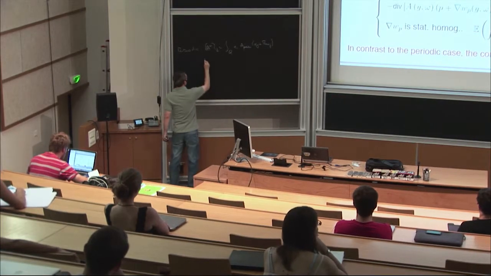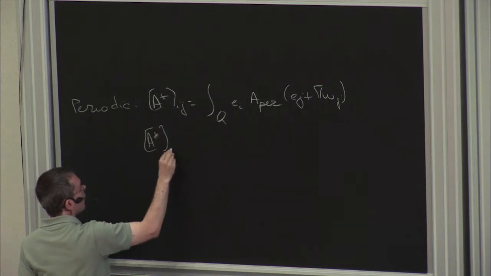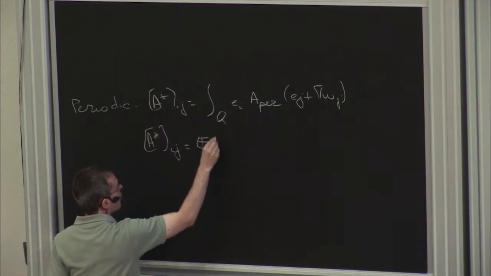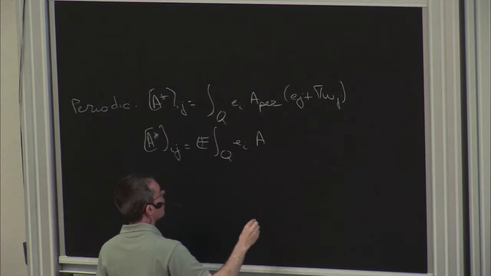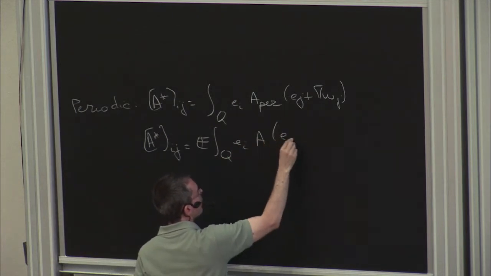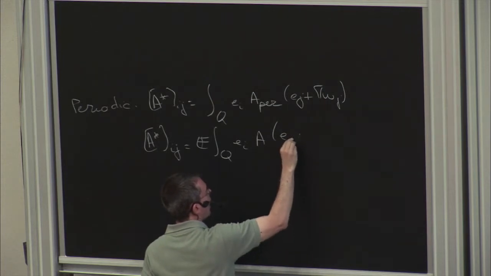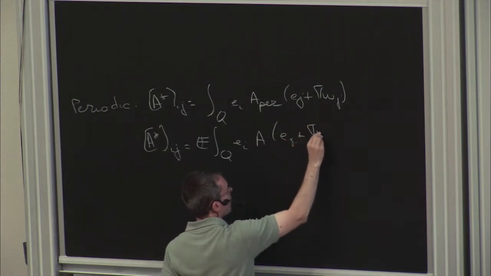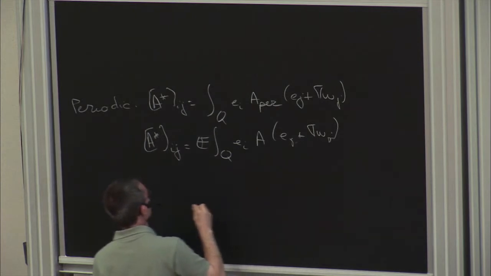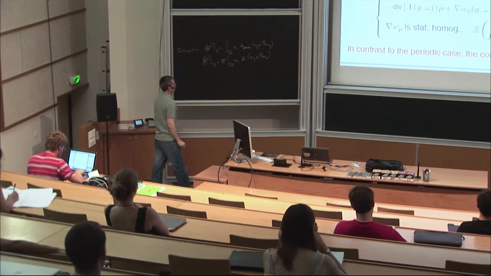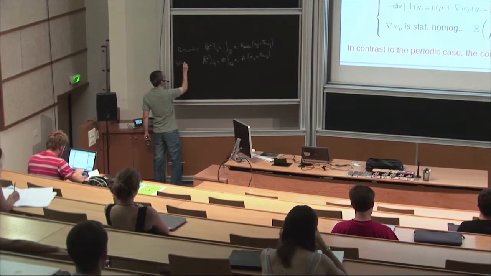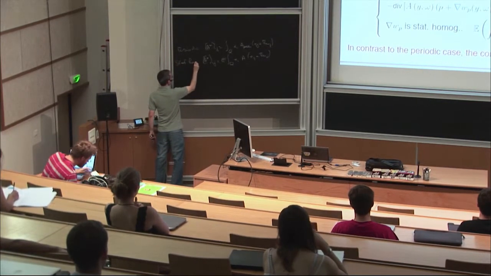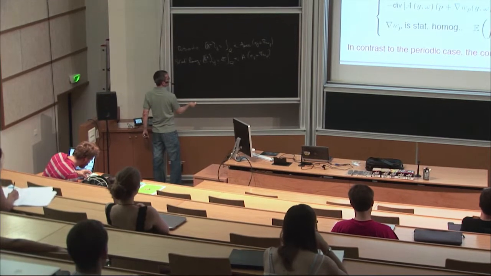Whereas in the random case, it's exactly the same thing, except that you define average by average over space and randomness. So this is the statistically homogeneous case.